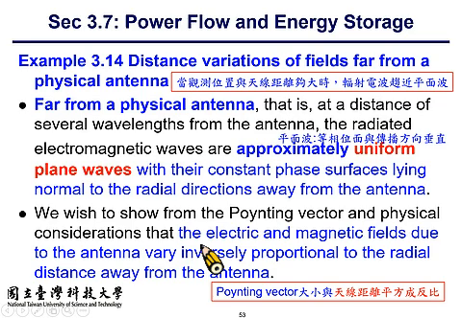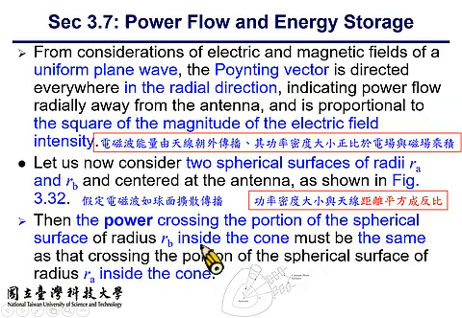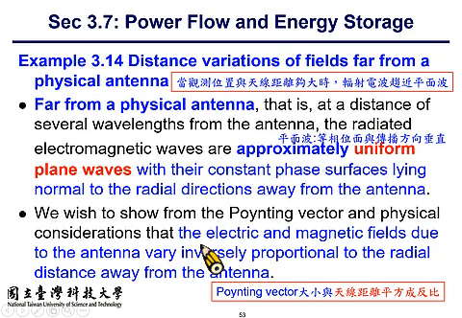What we would like to calculate is the Poynting vector, because the Poynting vector is the same as the power density. So with the surface integral of the Poynting vector, you can get the power from this space. And we know that the magnitude of the Poynting vector is inversely proportional to the distance to the antenna. Okay, so how to interpret this statement?